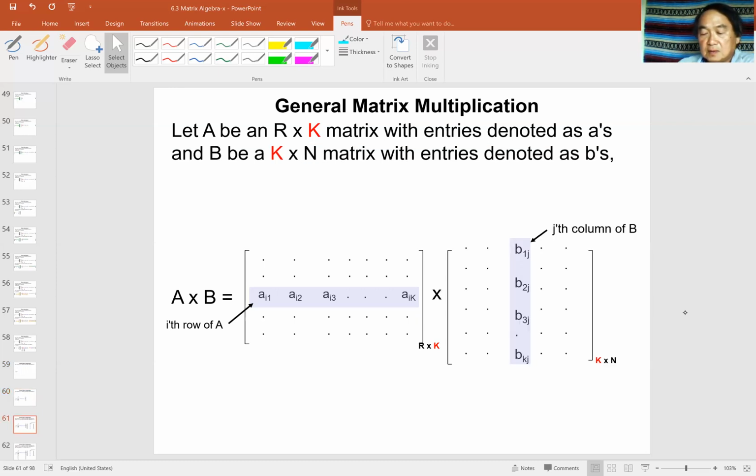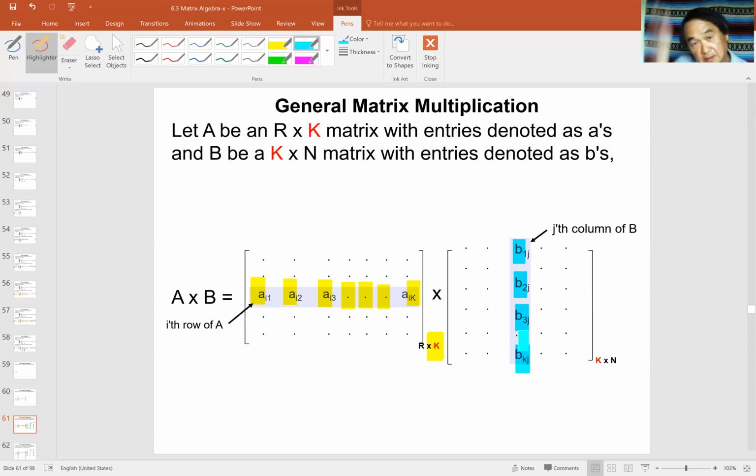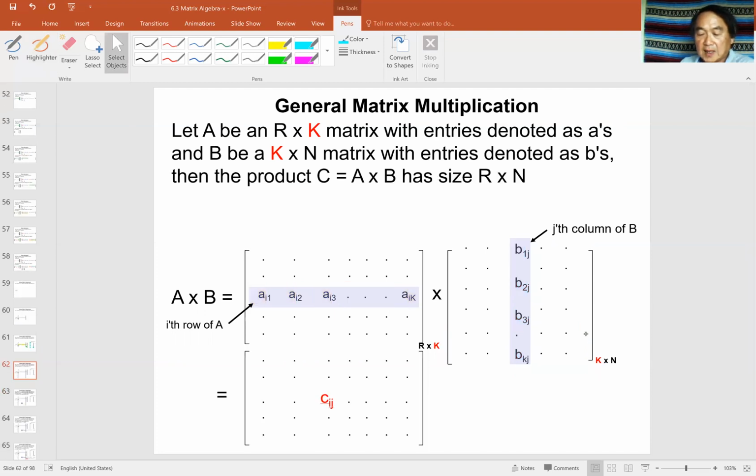In general, the number of columns, how many seats in a row, has to be equal to how many rows in a column. So the K and the K have to match up over here. These two numbers have to be the same, K and K. And when I multiply these two, I get the ith row, jth column of the product.